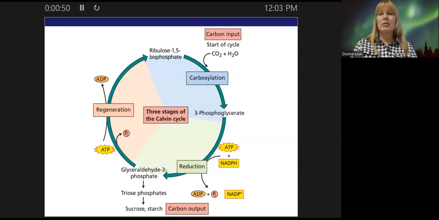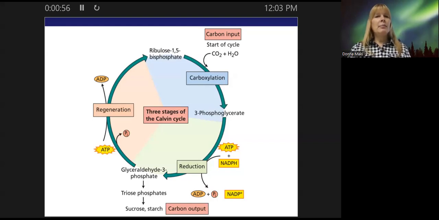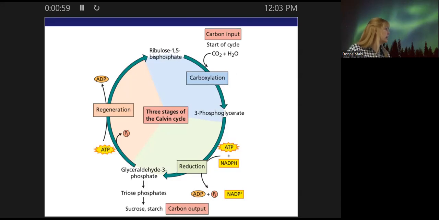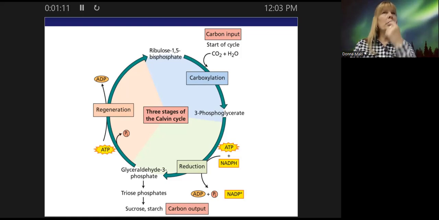All right, so I wanted to start here. This is, I think, pretty much where we left off. We were looking at the so-called pie chart diagram of how plants grab CO2 from the air, bring it in through their stomata, and then start working these reactions to get their sugars.